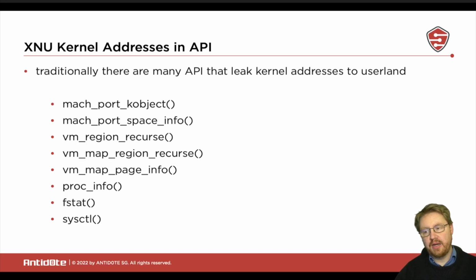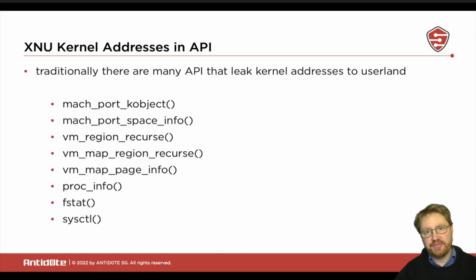There is a bunch of APIs for debugging purposes like mach_port_kobject and mach_port_space_info. Then we have vm_region_recurse, vm_map_region_recurse, and vm_map_page_info. But we also have system calls like proc_info for retrieving information.